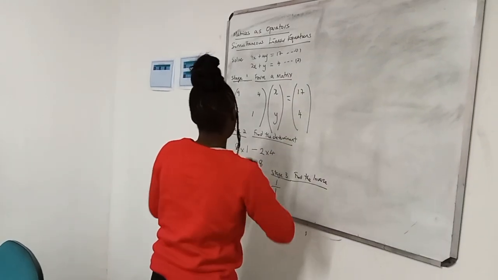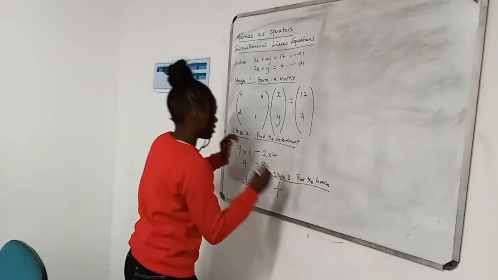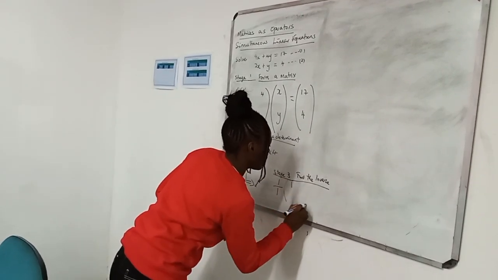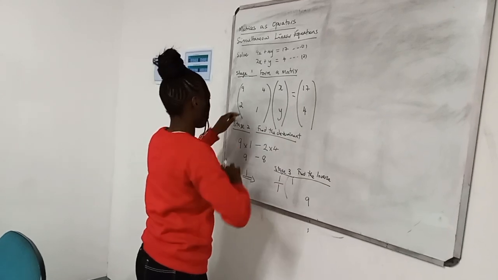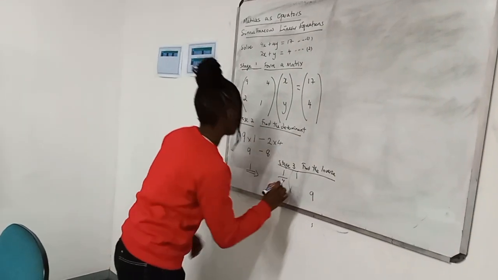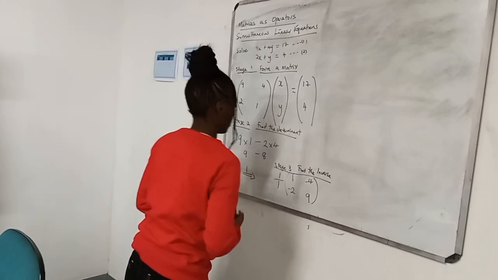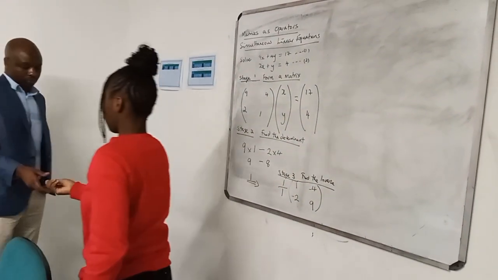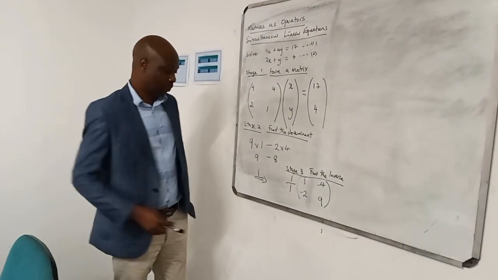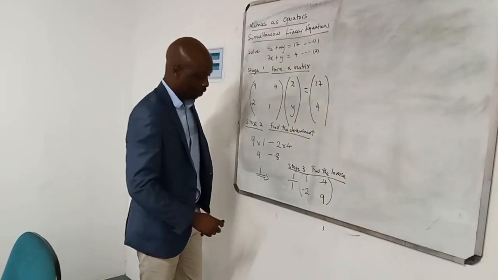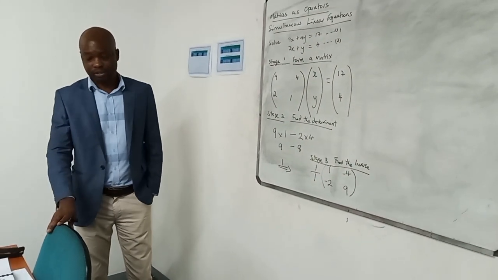And in our matrix, the 9 and 1 change positions, and the other two entries become negative: minus 2 and minus 4. And this is our inverse. Is that correct? Yes. So our inverse is 1 over 1 times the matrix 1, minus 4, minus 2, 9.